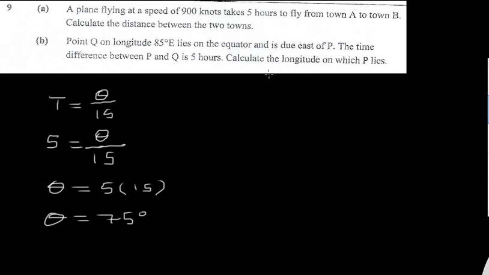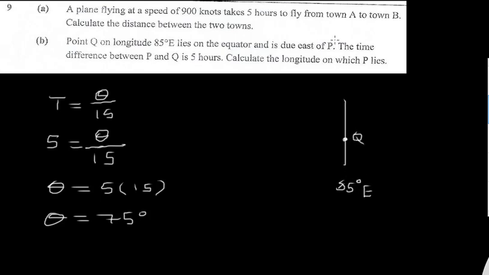So firstly, let us have a visual illustration of what we are given in the question. We're told point Q is on 85 degrees east. So we have our 85 degrees east here, and we have point Q there.